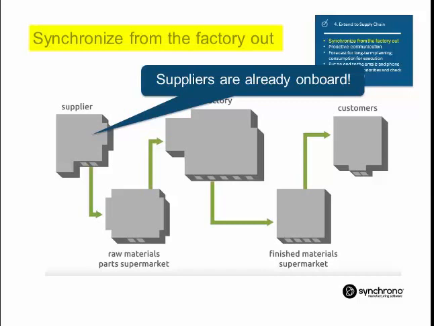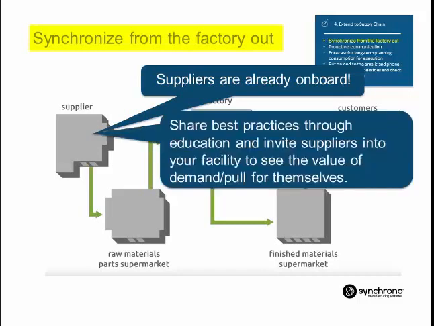Another reaction is suppliers who aren't really demand-driven. They know something about it or maybe don't, but they're intrigued by it and want to learn more. And the most effective thing that we've seen with our customers is that as they have already learned by synchronizing their factory and implementing demand-driven in their factory, they really start to help out their suppliers with education and by inviting them in to show them what they're doing for demand-driven, to help them get to the point where they can start implementing it.